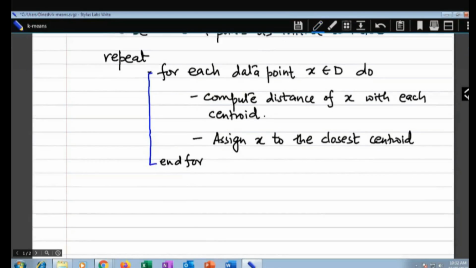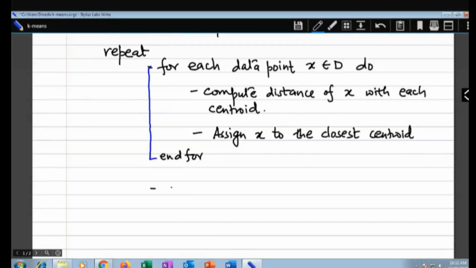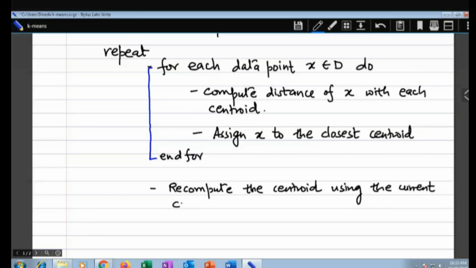Then after that, once all the assignments are done, you will recompute the centroid using the current cluster assignment.